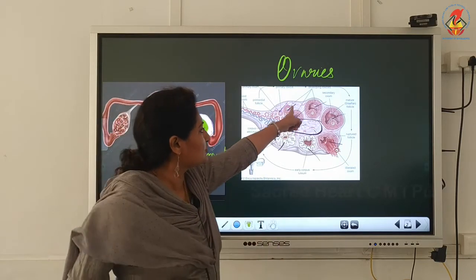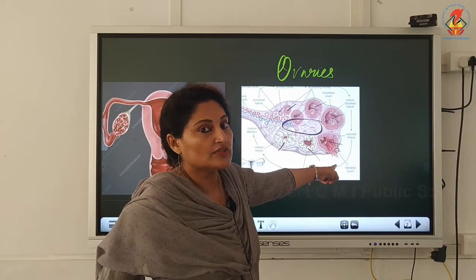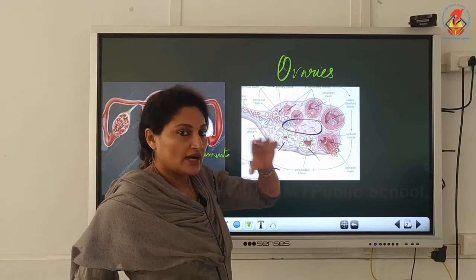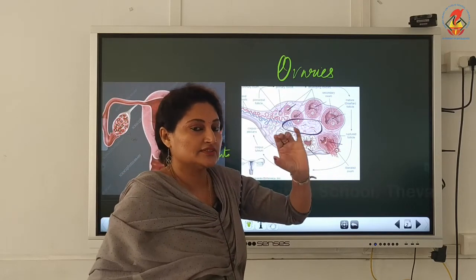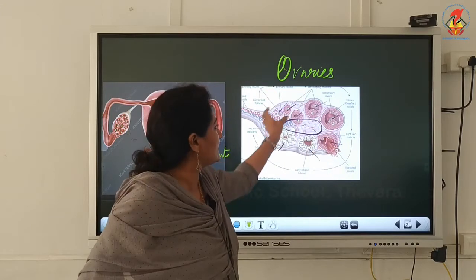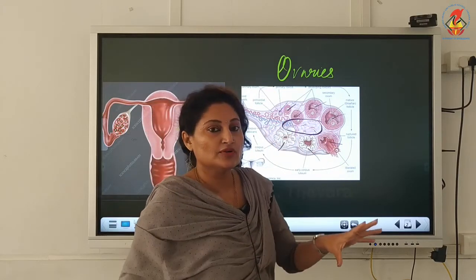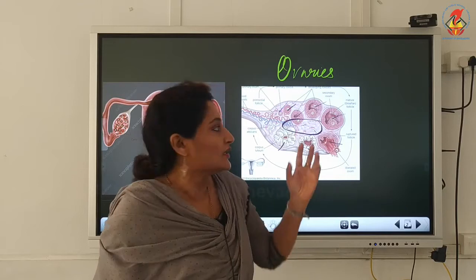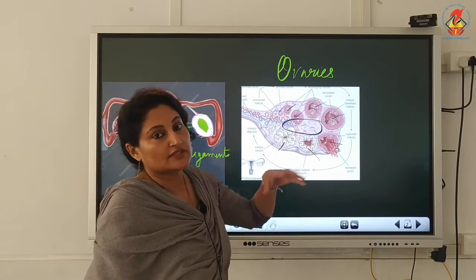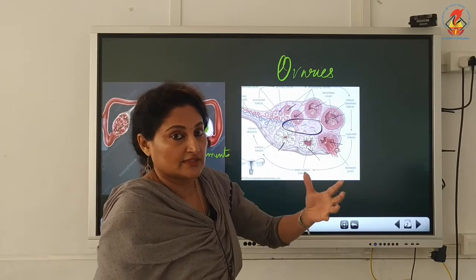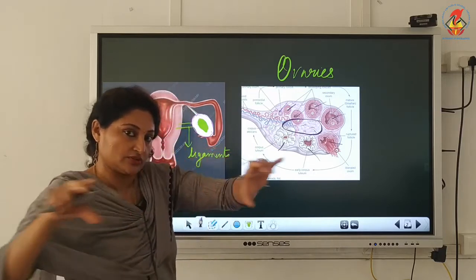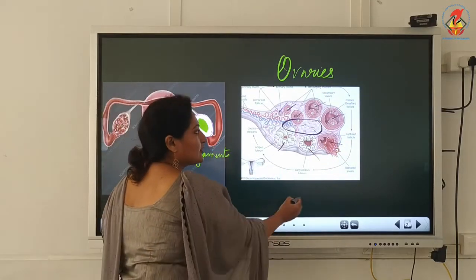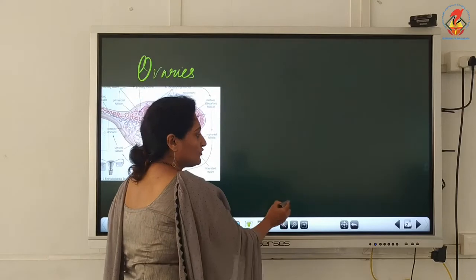Now we are going to learn the details of the ovarian follicles. Only after learning the different stages of the ovarian follicle, we can place it here. This is very helpful not only to study the structure of the ovary, also to understand the menstrual cycle. So I am going to give it in a horizontal representation, the different stages of the ovarian follicles.